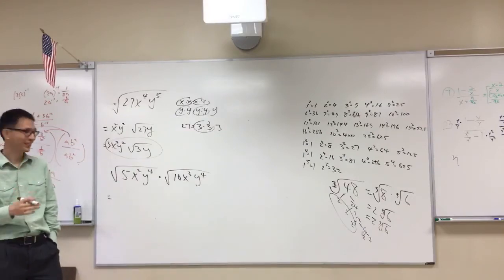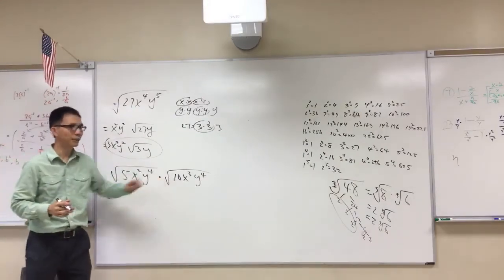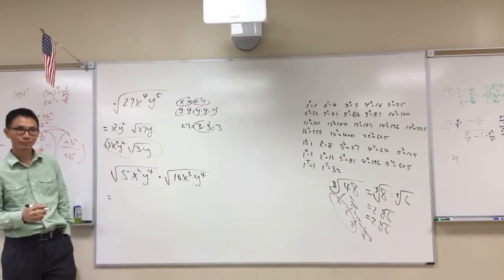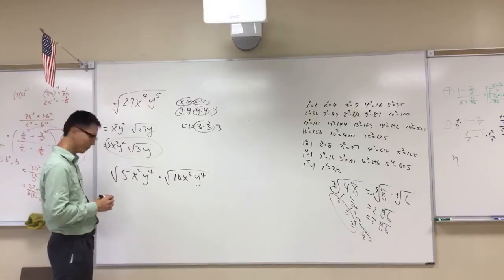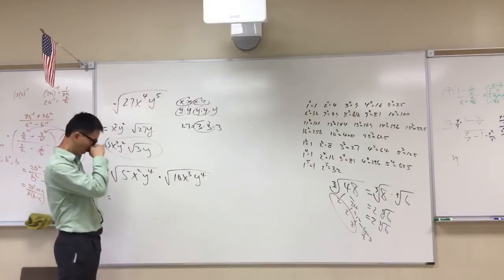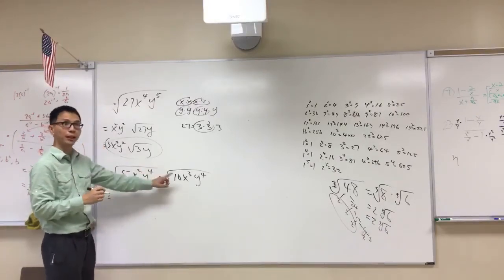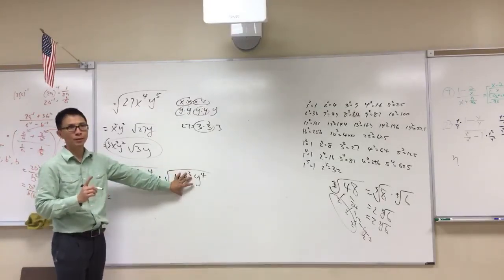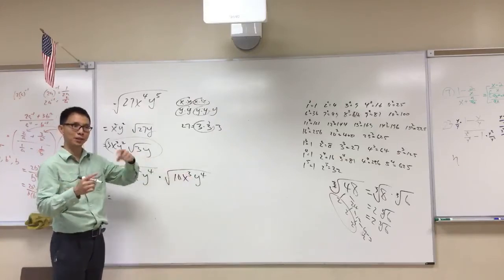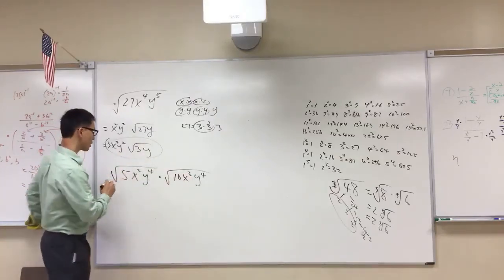So can you multiply those two together? Let me ask you that. Yes. Is it x y squared radical 50? Okay, let's multiply those two together first, because square root a times square root b is equal to what? Those are exponential rules.